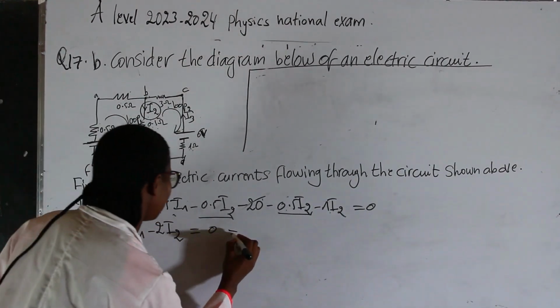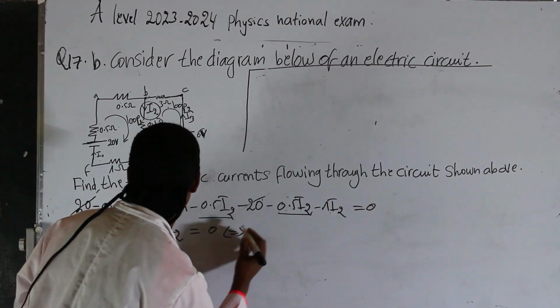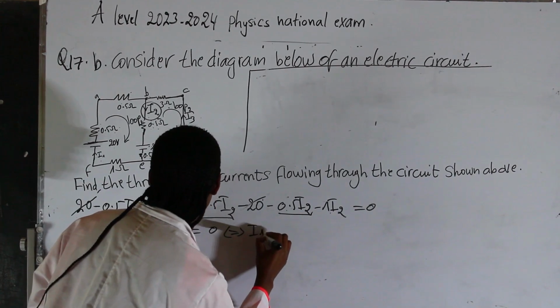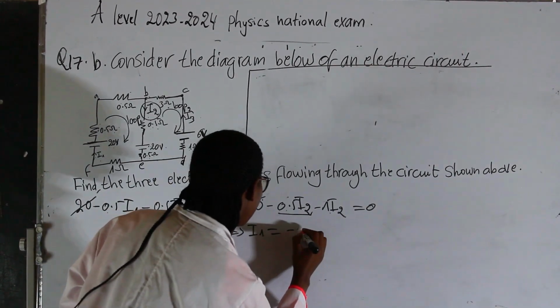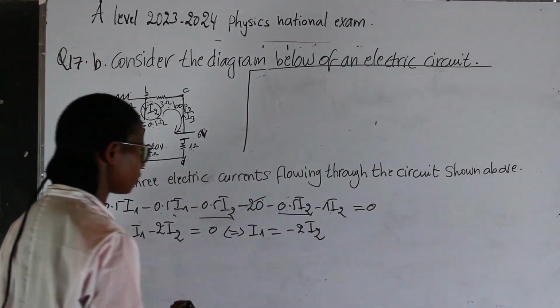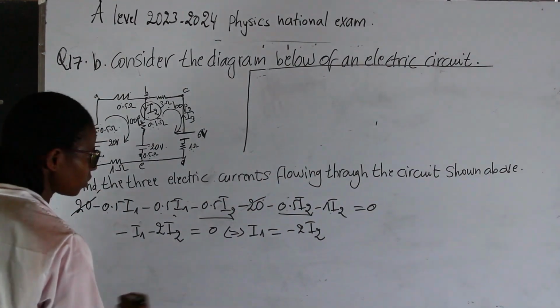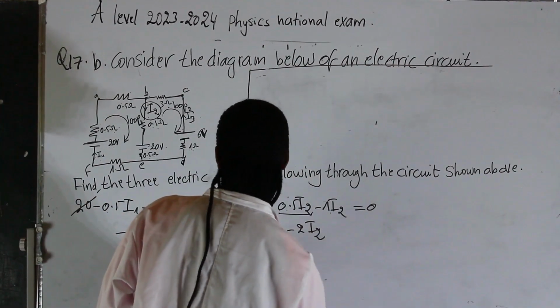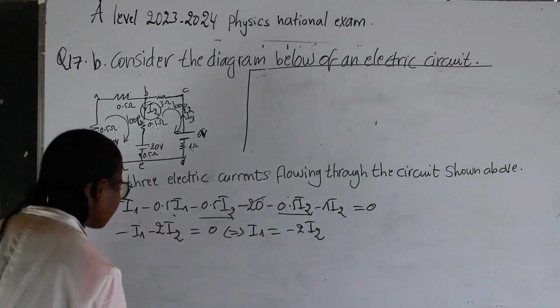Then we can get I1 equal to minus 2 I2. This is the first equation.